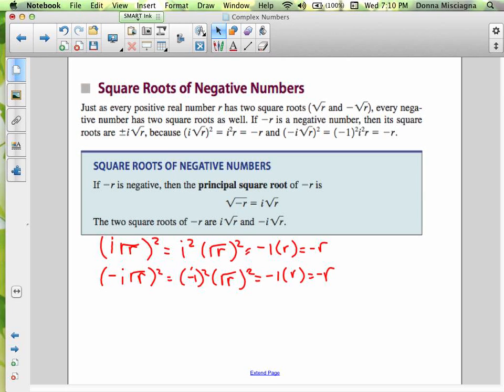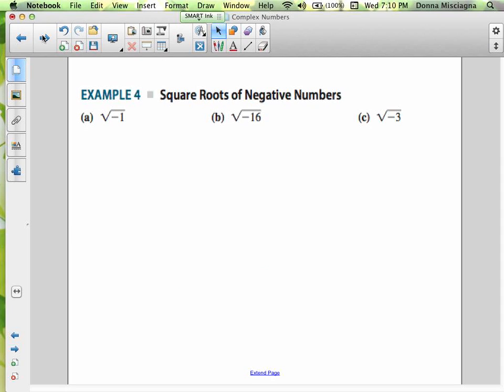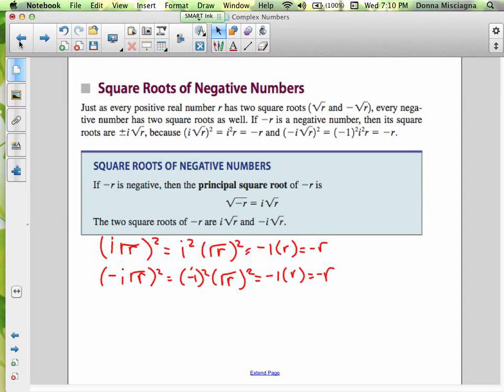So we're going to have two solutions when we solve negative radicals, whether they're positive or negative. All right, so the first one, the square root of negative 1. We have two answers. Let me just read over that.